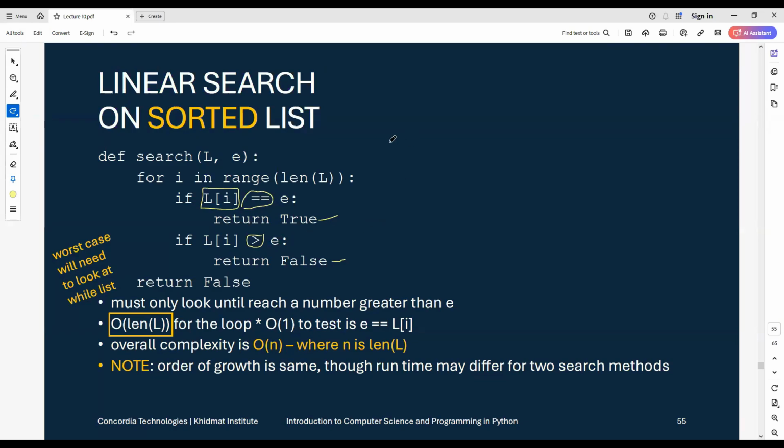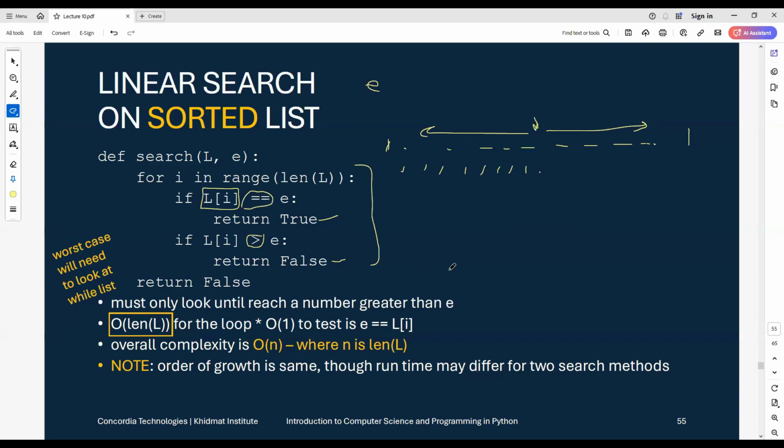That would mean that we have a descending order list of integers. We are looking for an element E. We start looking one by one at each element. At some point, we would become sure that E, if it was there, would have been before this point. It cannot be after this point because the list is already sorted. So can we say this kind of implementation is better than linear search?